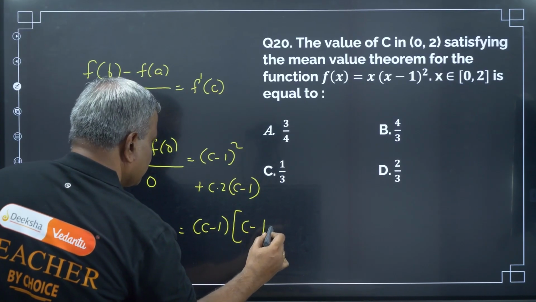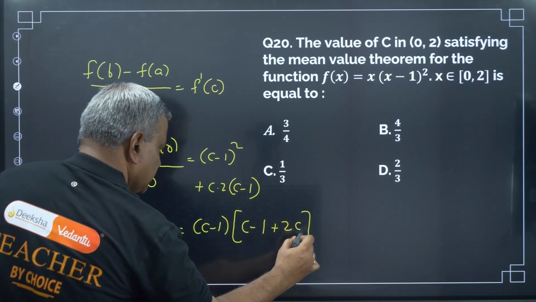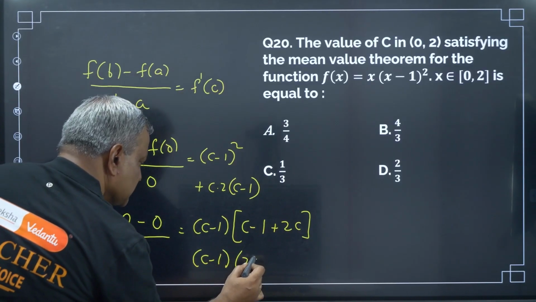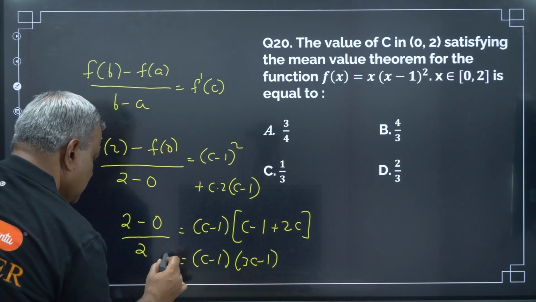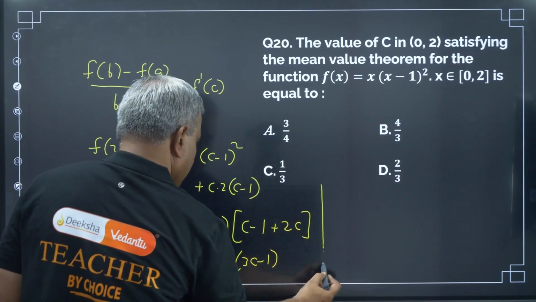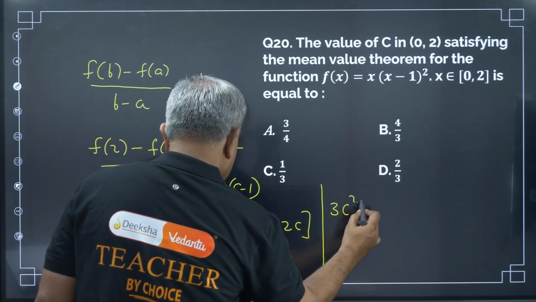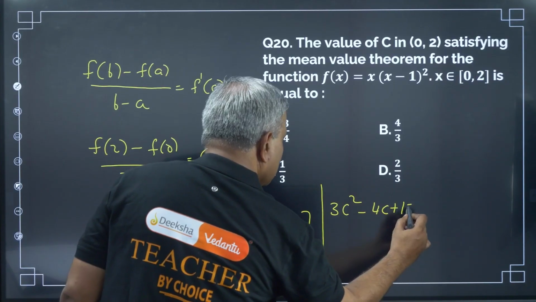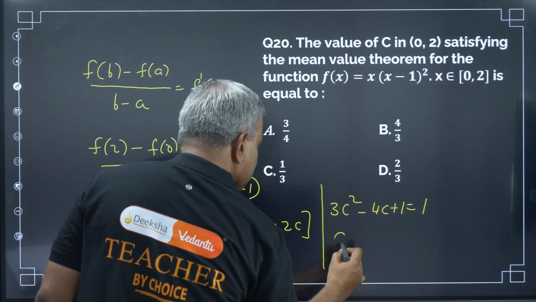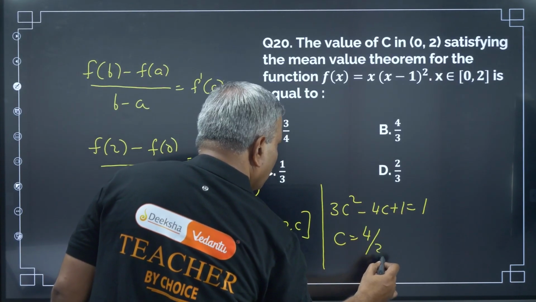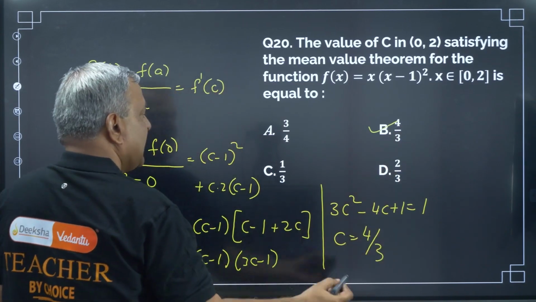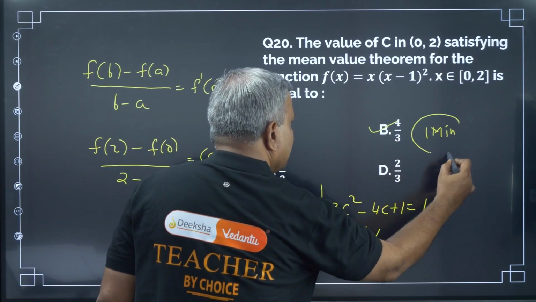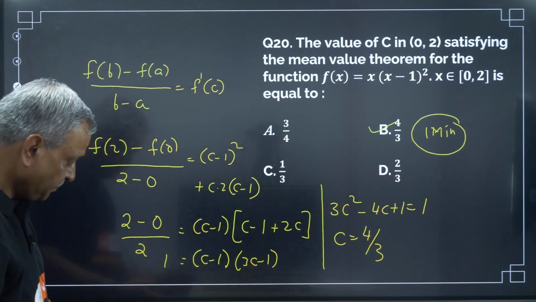We get (c minus 1) into (c minus 1 plus 2c). So basically you will get (c minus 1) into (3c minus 1) is equal to 1. Then this becomes 3c square minus 4c plus 1 is equal to 1. So 1 will cancel, and c equals 4 by 3. This also will take 1 minute because you have to differentiate and substitute in the formula.